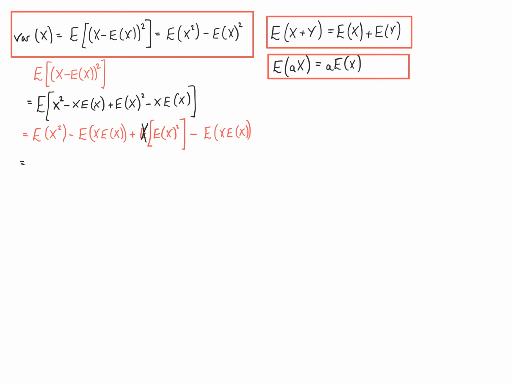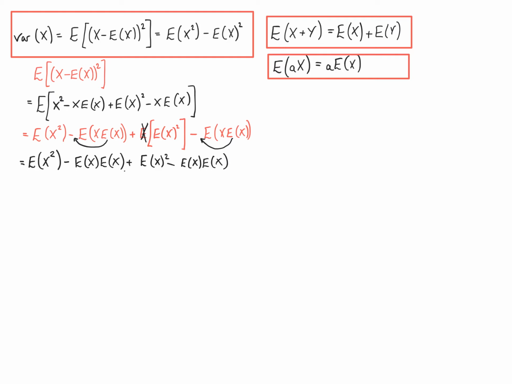So we can rewrite this as the expectation of x squared minus E of x times E of x, since E of x is a constant and can come outside of the expectation, plus the expectation of x all squared, minus, and just the same, the expectation of x comes out, the expectation of x times the expectation of x.